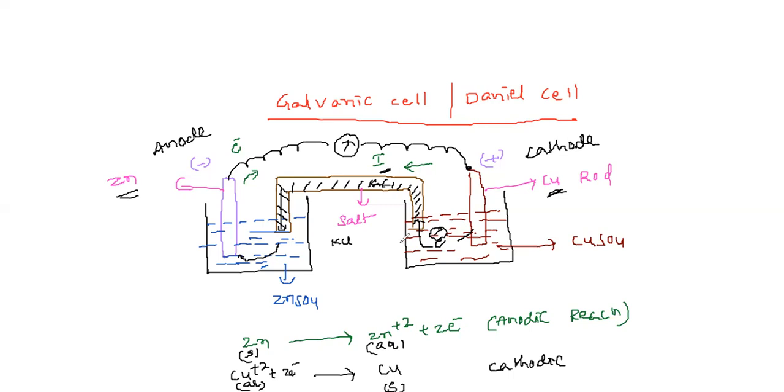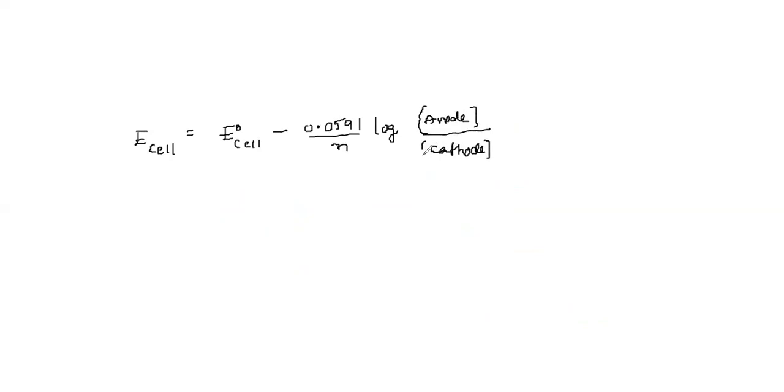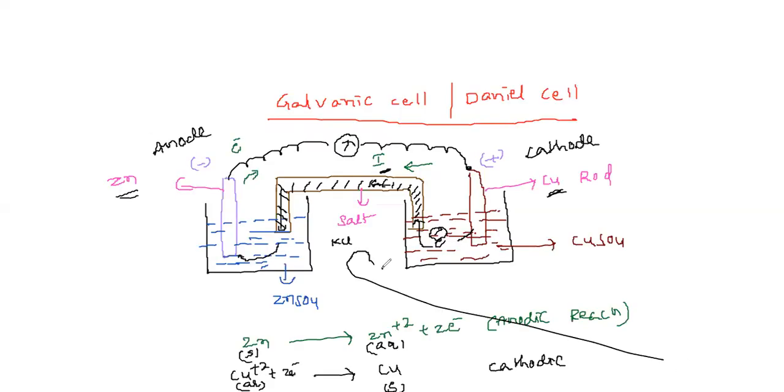Here we have to apply the Nernst equation: E cell equals E naught cell minus 0.0591 by n log of anode concentration by cathode concentration.